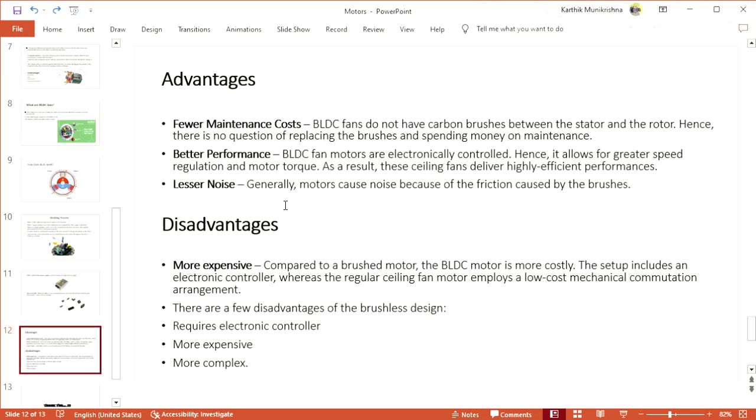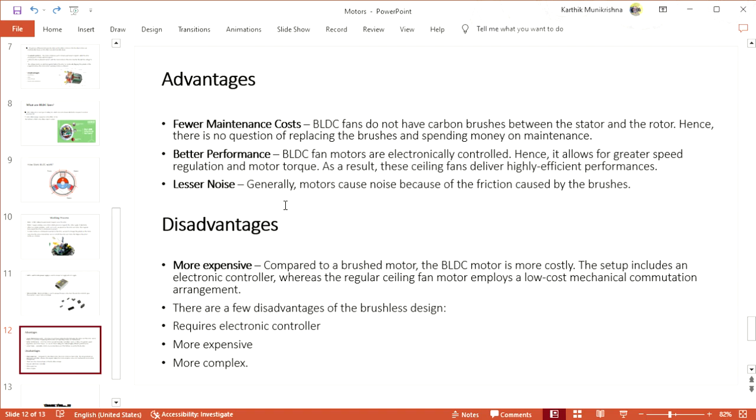So we have some advantages and disadvantages also. Lower maintenance costs, better performance, lesser noise. Generally the motor causes more noise because of friction. Friction is nothing but, without friction no components would transfer from one place to another, even human beings.